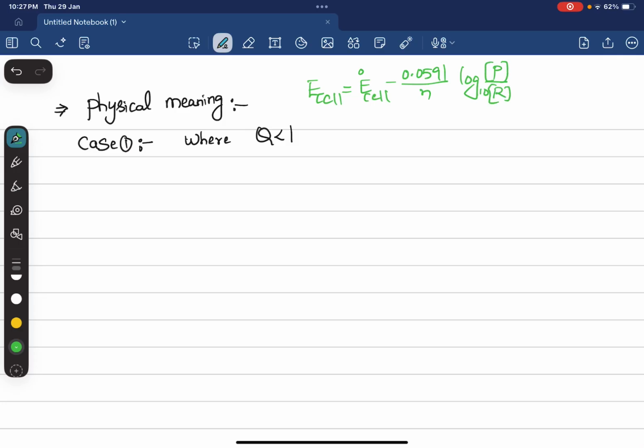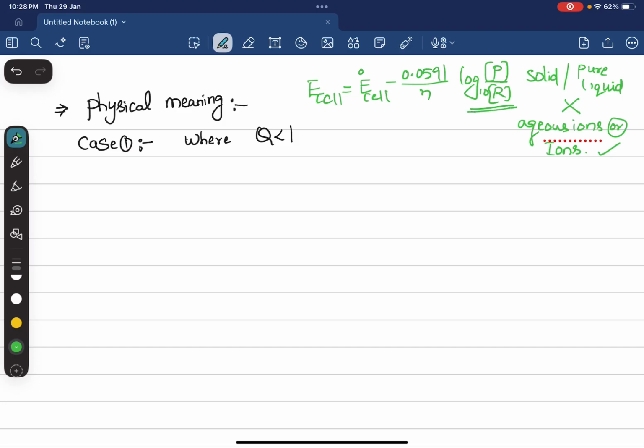Here, if reactants or products are solid or pure liquid, then those are not included in Q. If they are in the form of aqueous ions, then only we include them in this Q formula.